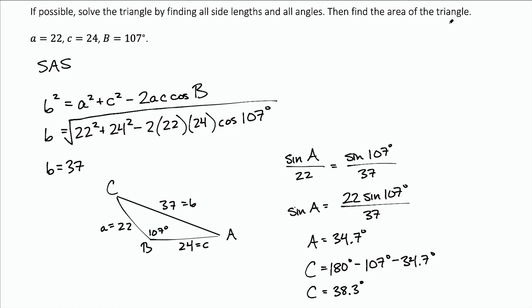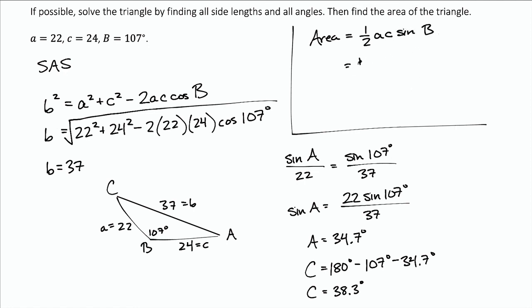We also want to find the area of this triangle, and for that we have a formula. When you have side angle side, the area of the triangle is 1/2 times the two sides, in this case A and C, times the sine of the angle between them.